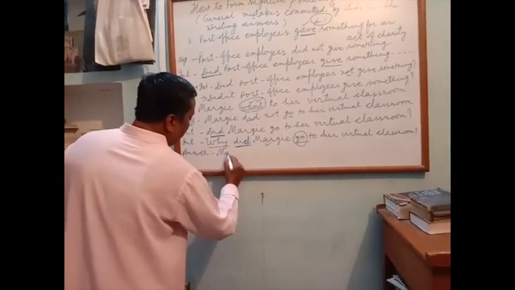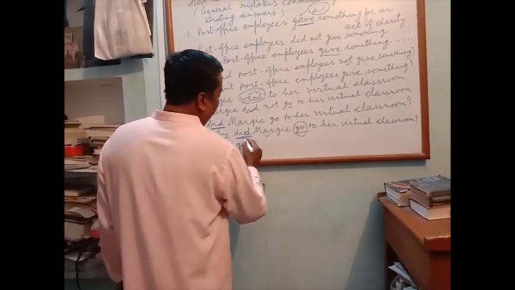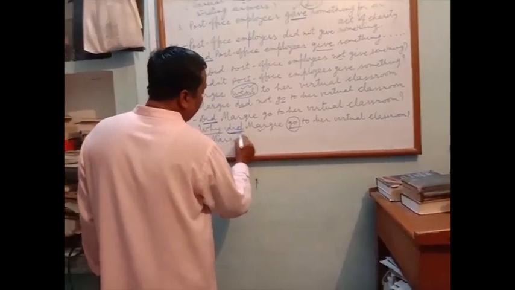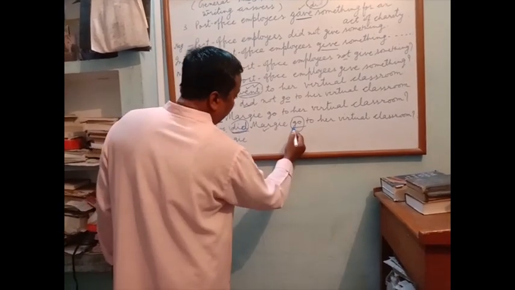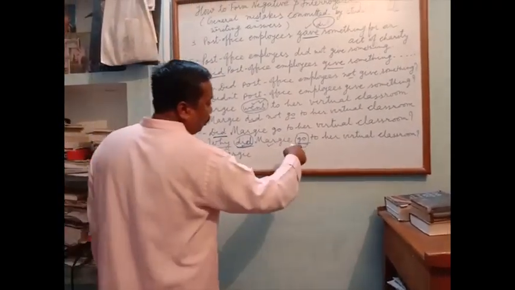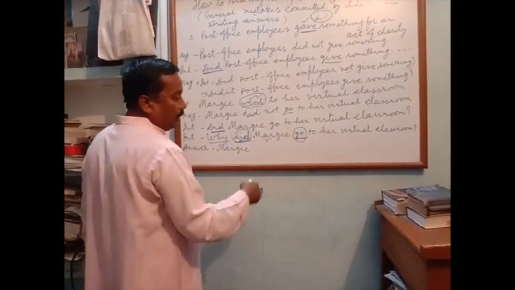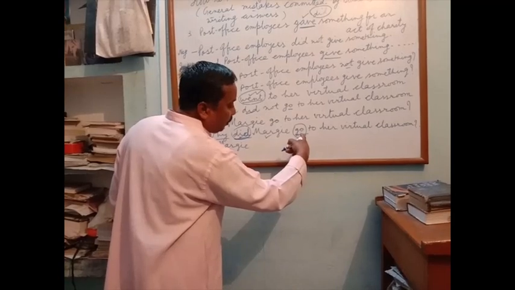Answer. Margie. Now, did will be omitted. And go will be went because this is V2. So go will be changed into the second form of the verb. What is the second form of the verb? Went.